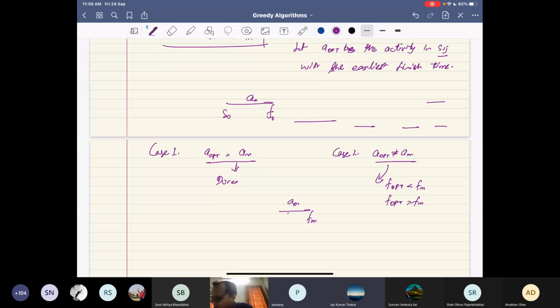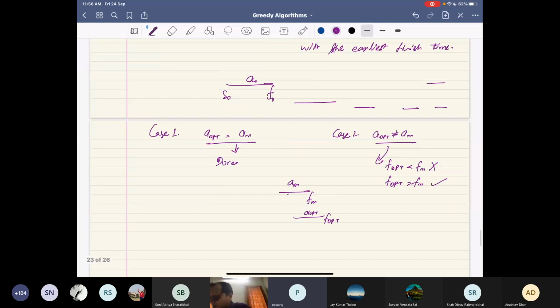Larger. Why is the other not possible? Because by definition, AM had the earliest finish time, right? So that is not possible, but this is possible: FOPT is larger than FM.